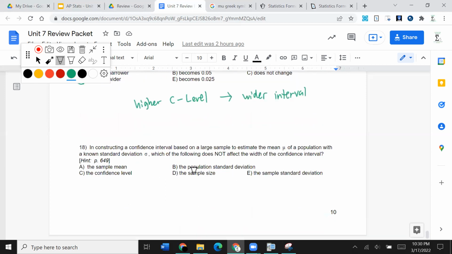Last question. In constructing a confidence interval based on a large sample to estimate the mean with a known standard deviation, which of the following does not affect the width of the confidence interval? Let's go back to here, x bar plus or minus, I don't care if you use Z or T, but let's just put T star for a moment.